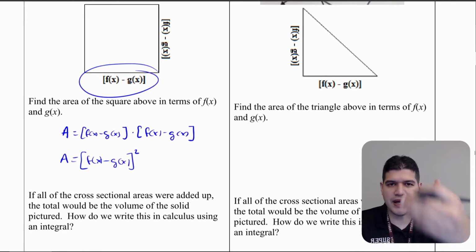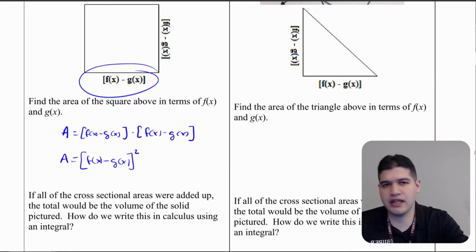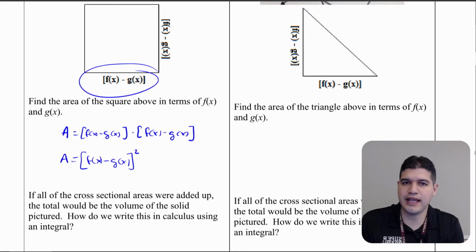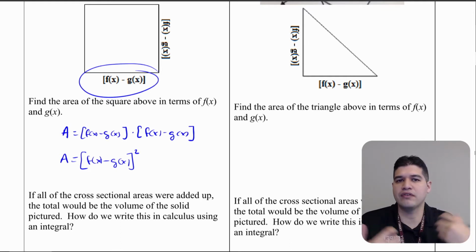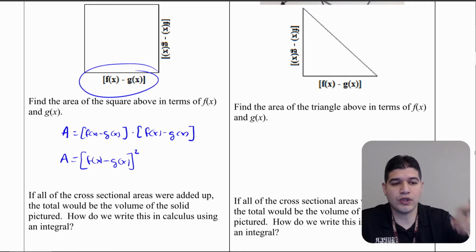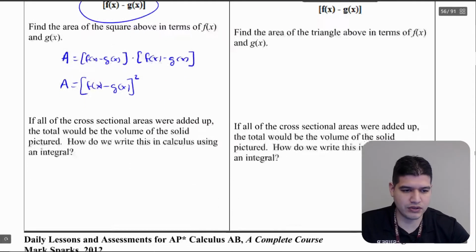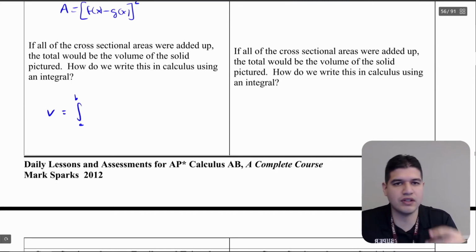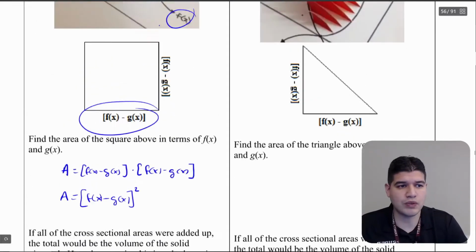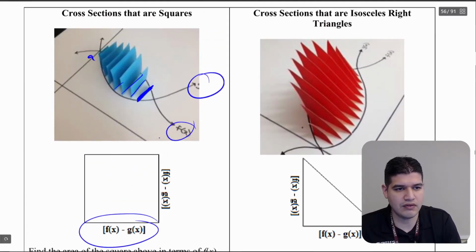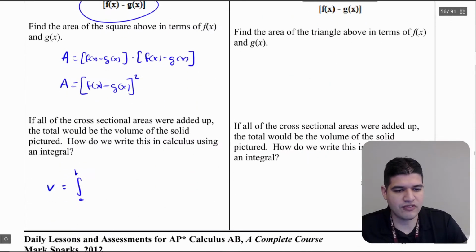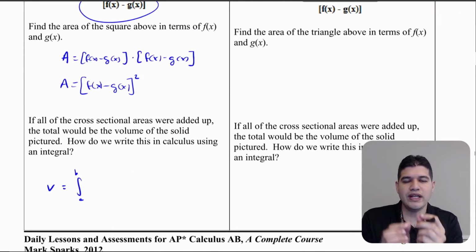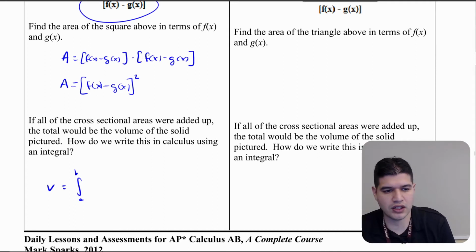Now, think about position, velocity, acceleration. It follows the exact same strategies when you're looking at area, volume, and length. Since we're going from area to volume, that's going to be an integral. We can find the volume by going from A to B, the intersection points on this graph, adding up all those tiny cross sections.